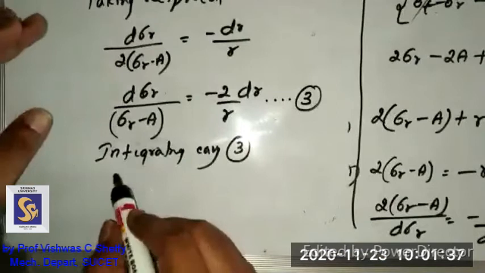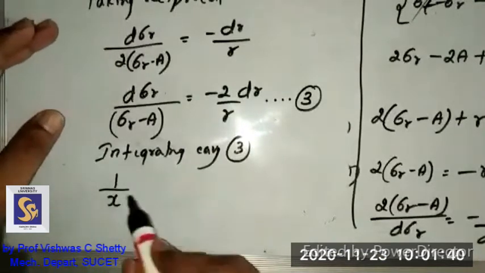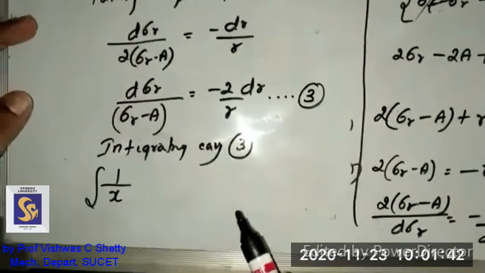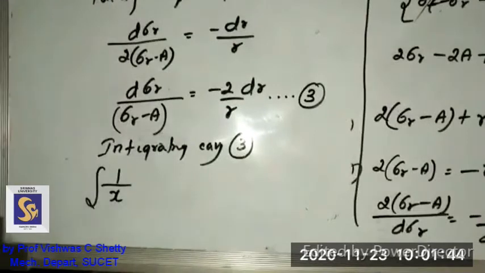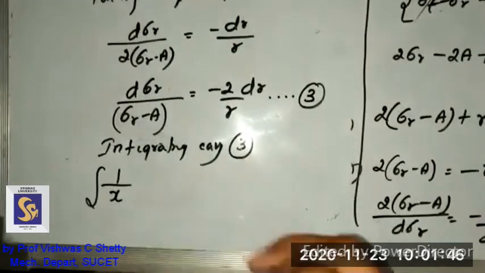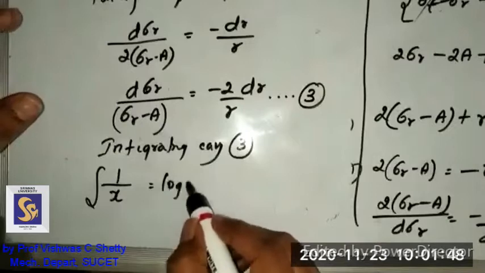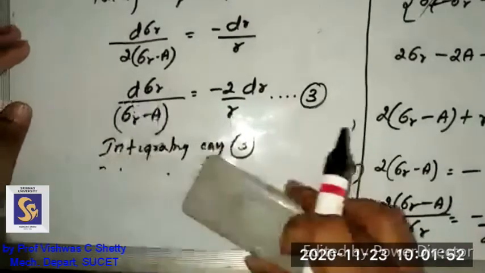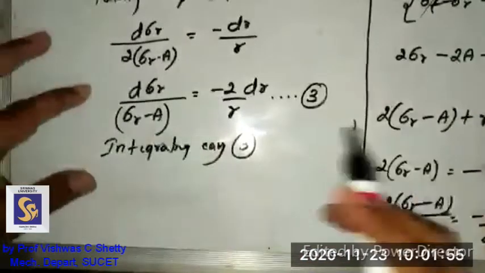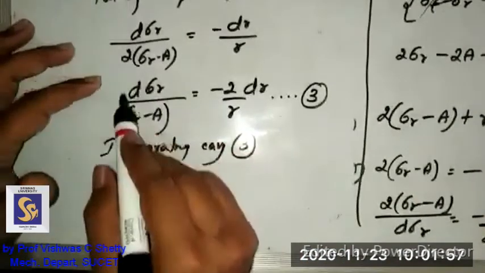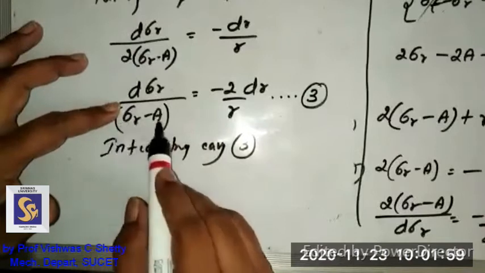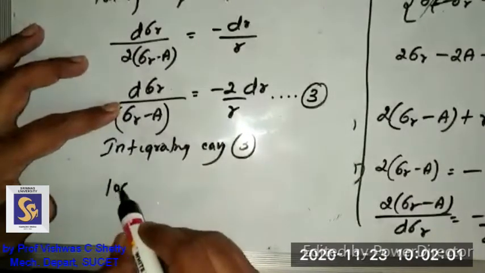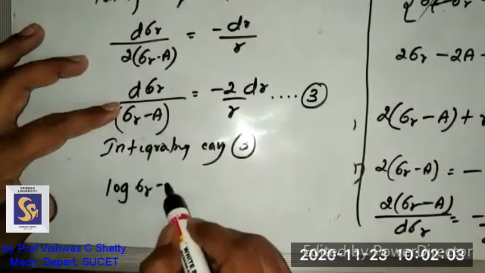What is the integration of 1 by x? Log x, isn't it? So here you take this as 1 upon x, where x is sigma r minus a. So it will be log of sigma r minus a.